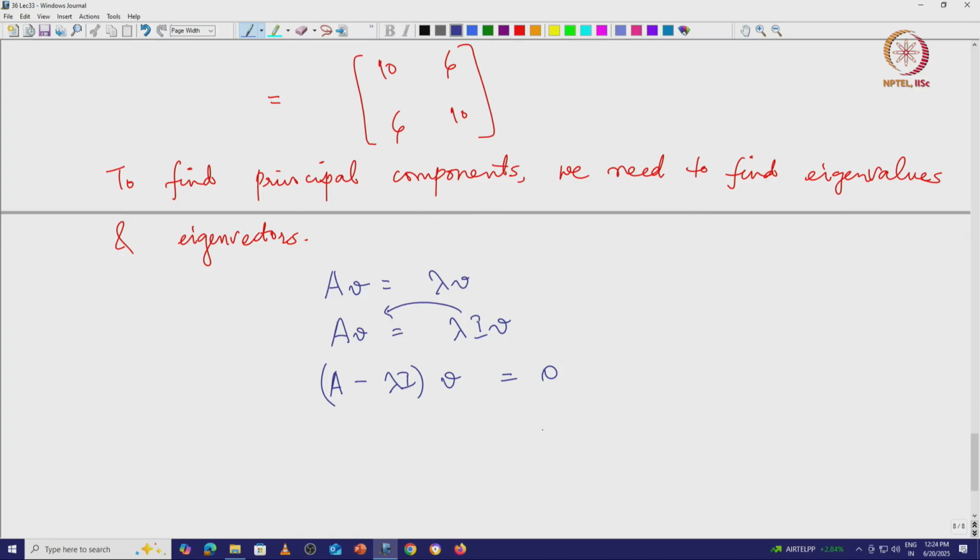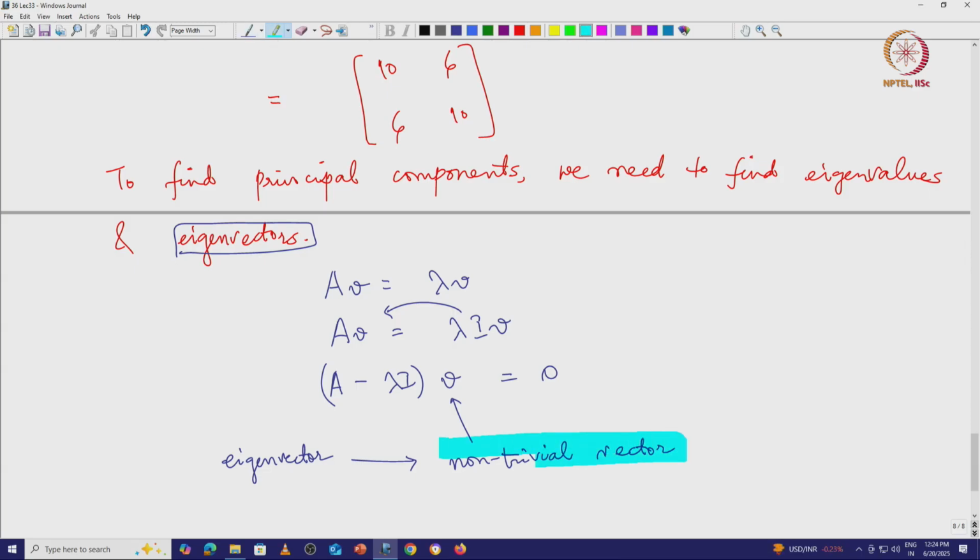And when you want to find eigenvectors, you want this V to be a non-trivial vector, meaning the vector V cannot be all zeros.